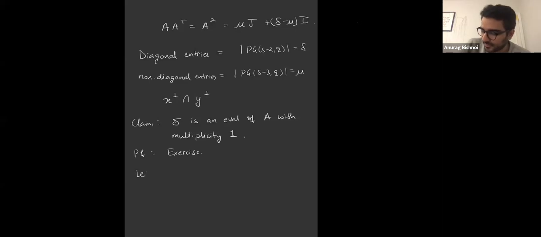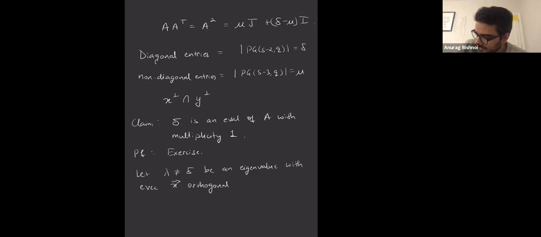Okay, now let lambda be any other eigenvalue, with eigenvector x, which is orthogonal to the all one vector.